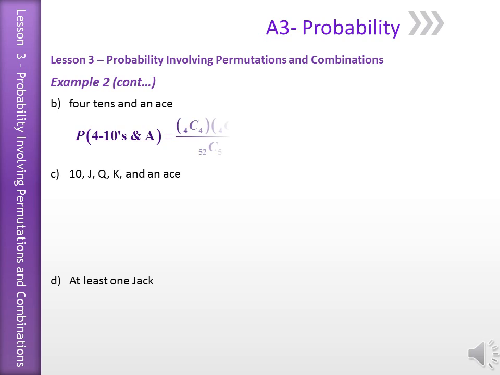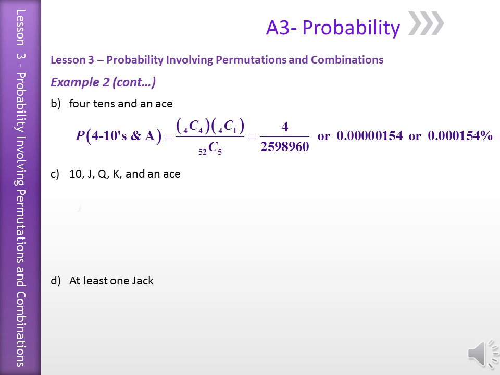We want 1, so that's 4 choose 1, all over our 52 choose 5. This will give us 4 over 2,598,960, or as a decimal, 0.00000154, or 0.000154%.